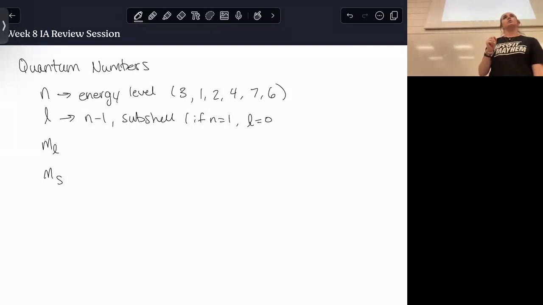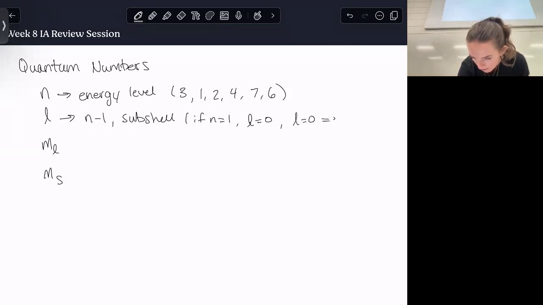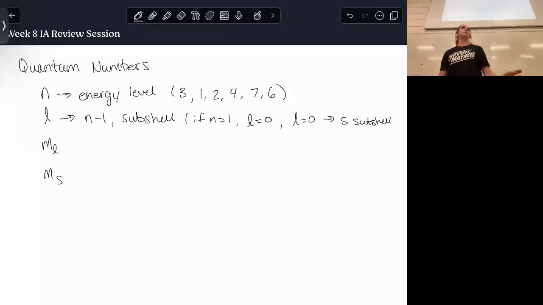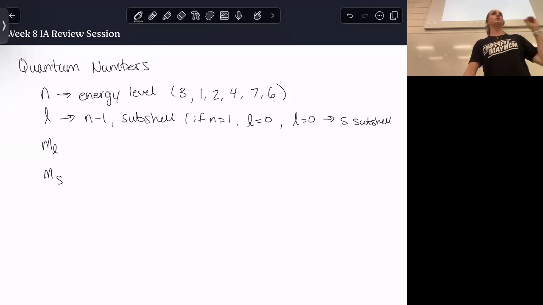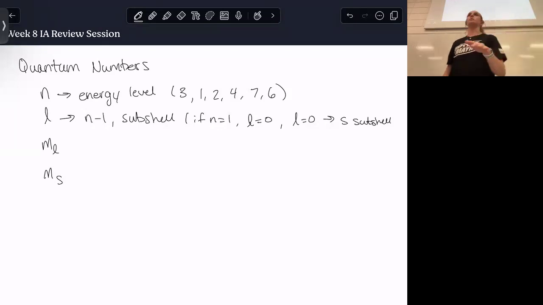And if l is equal to 0, what does that correlate to? s. Good. And that's for every single energy level. So even in energy level 4, if your l is 0, that still means that you're in the s subshell. You're just in the 4th energy level of the s subshell.